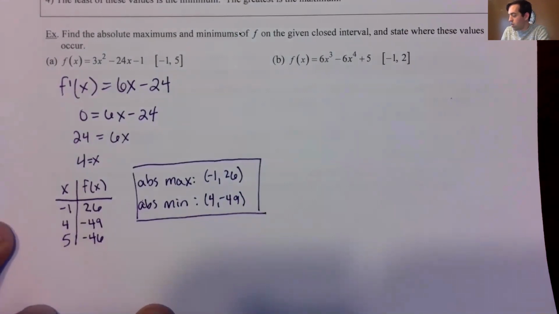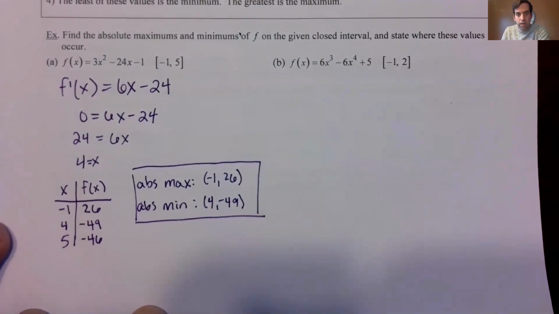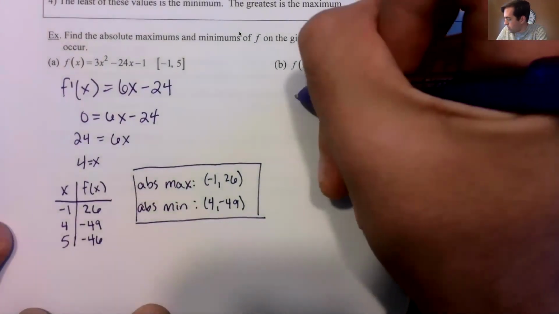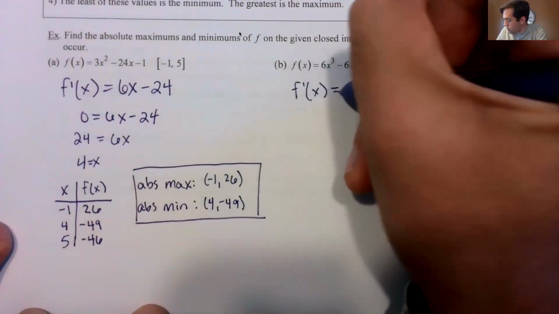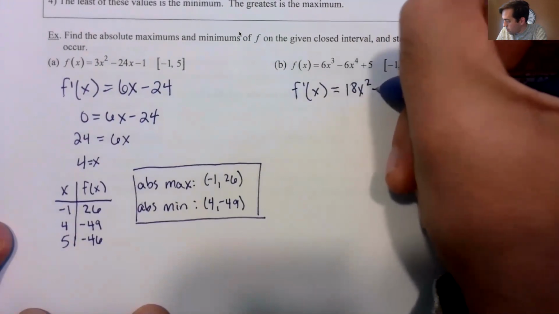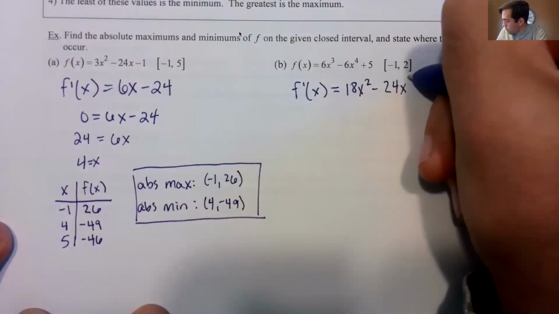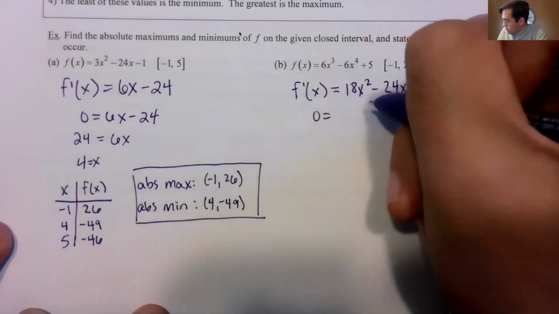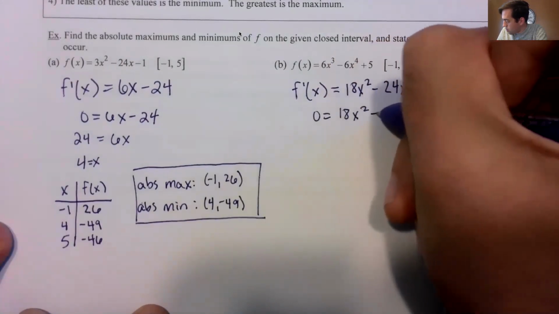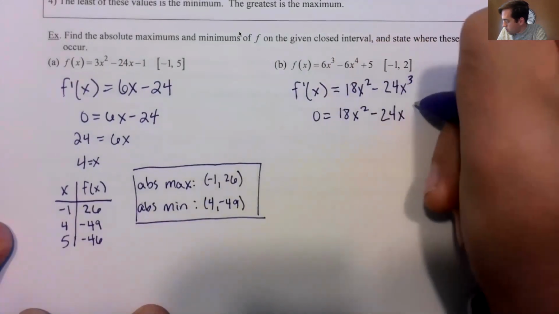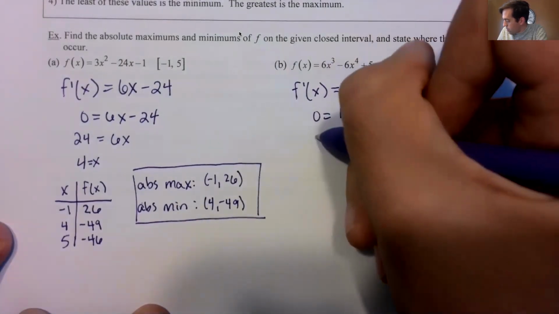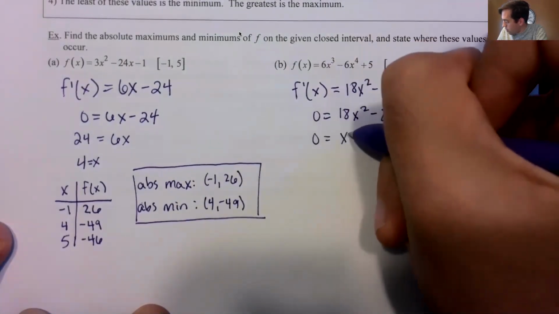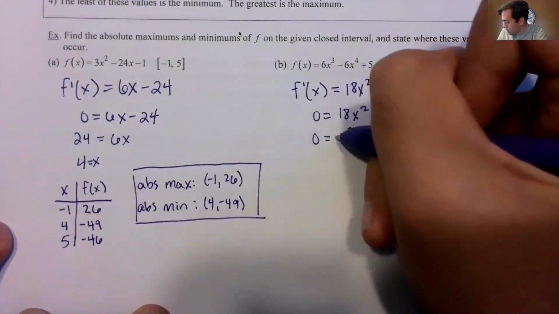Okay, so let's keep going with letter B. We're going to do the same idea. So we start by taking the derivative. We set it equal to 0 to find the critical numbers. And I can factor out x squared and 6 as well.